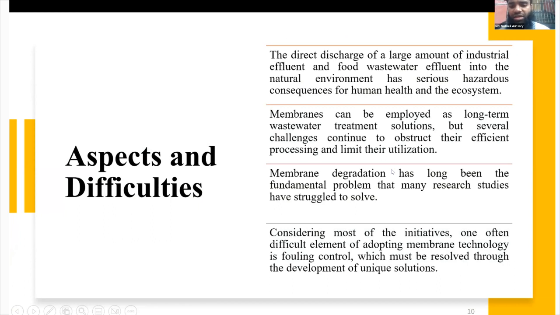Membrane degradation has long been the fundamental problem that many research studies have suggested to solve. Considering most of the initiatives, one often difficult element of adopting membrane technology is fouling control, which must be resolved through the development of unique solutions.